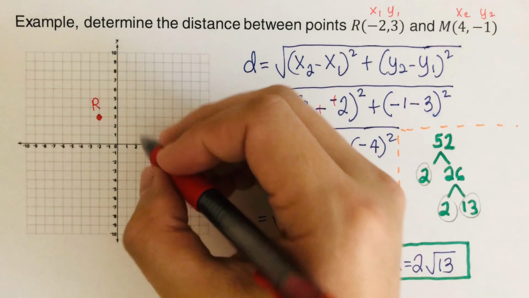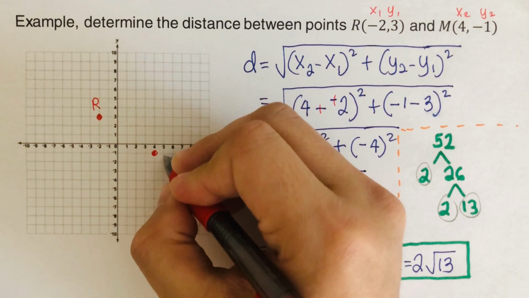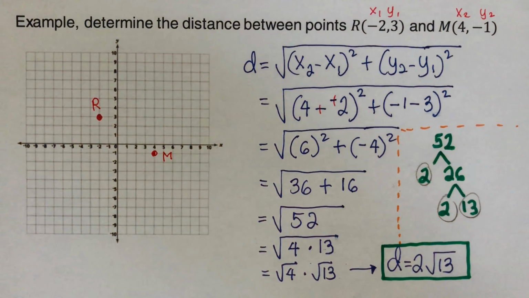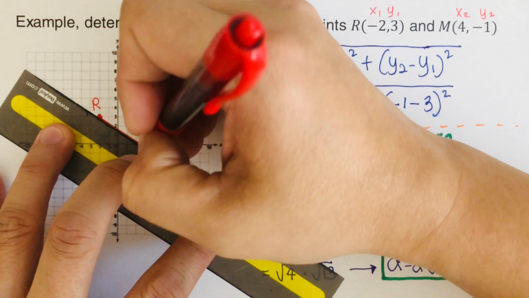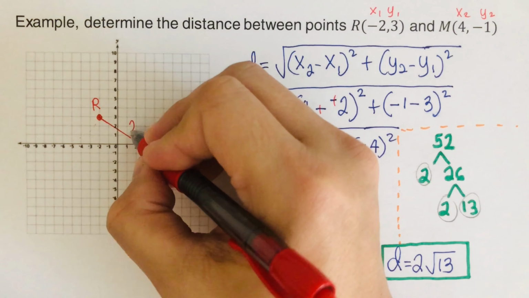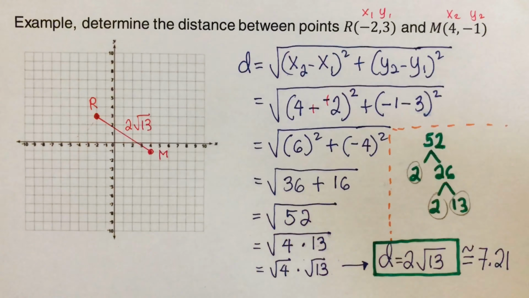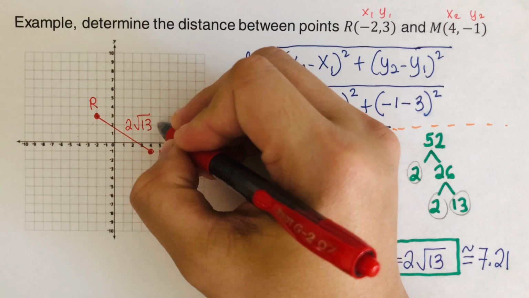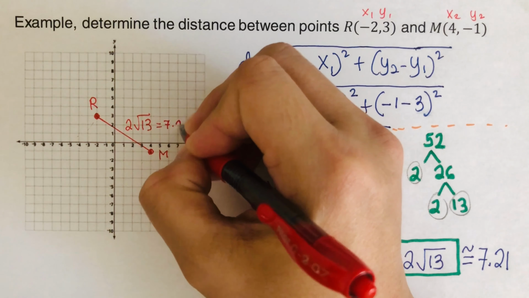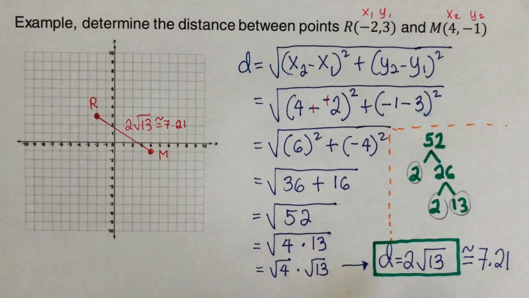So 4, and then go to negative 1. So this is M. The distance between these 2 points, R and M, is 2 square root of 13. So pretty much this can also be represented as 7.21. Okay, did you get the same answer as this?